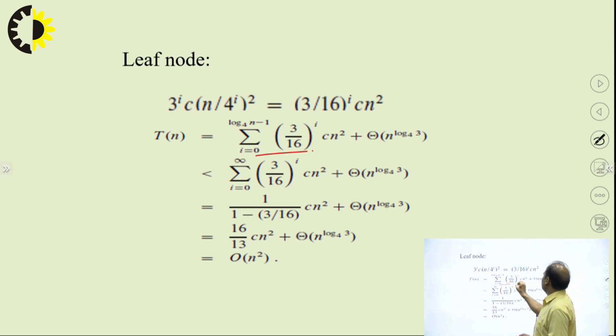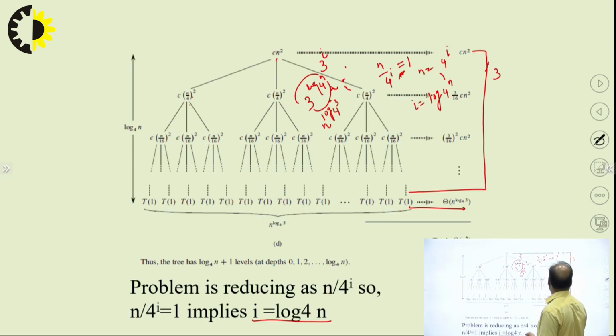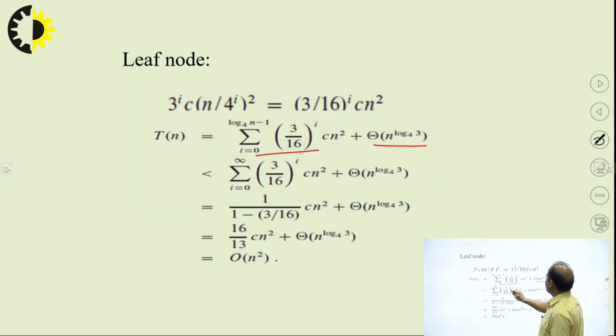This is the non-leaf part and this is the leaf part. The non-leaf nodes go from i equals 0 to i minus 1, and i minus 1 is log n base 4 minus 1. In fact we are interested in the asymptotic upper bound, so that's why we say that this is smaller than this.